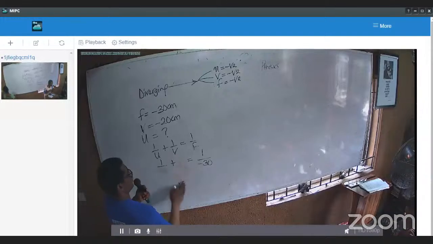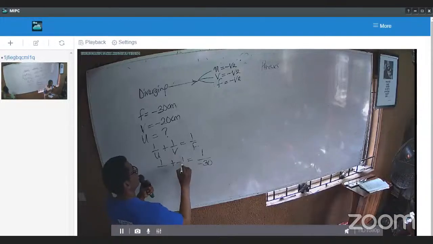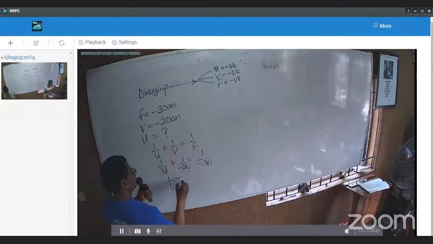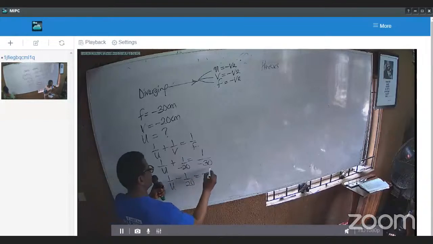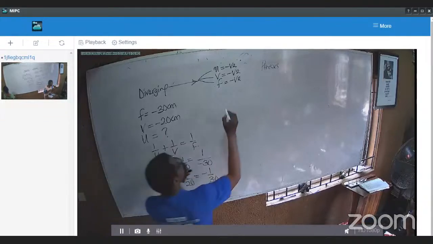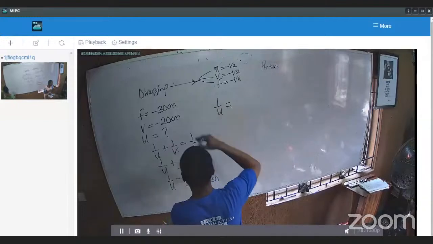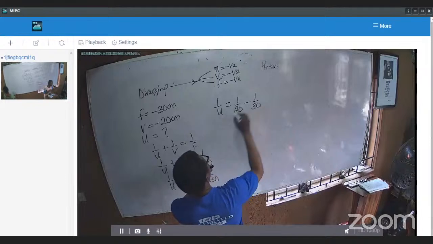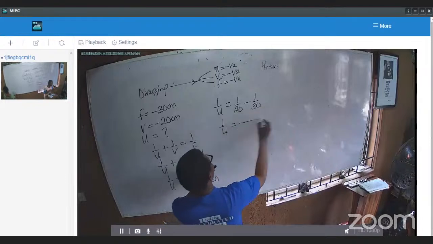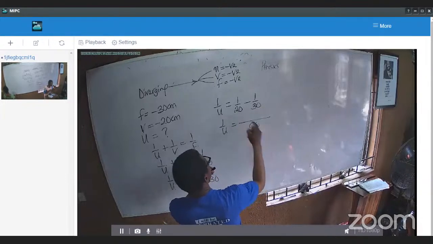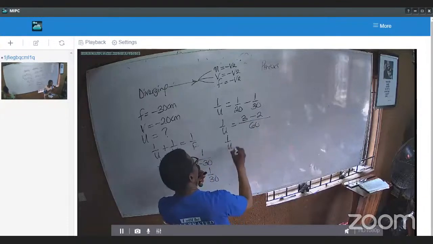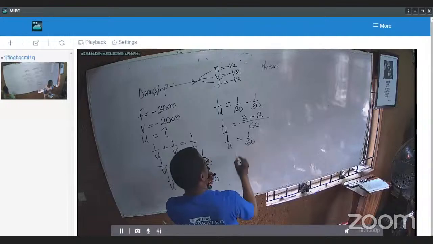So 1 over U now is minus 1 over 20, minus 1 over 30. So 1 over U will now be, transfer those, 1 over 20, minus what? What's the LCM? 60, 20 into 60, 30 into 60. So 1 over U will now be what? What's your U now?